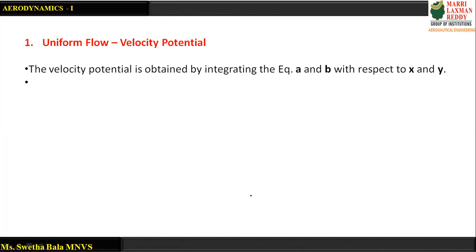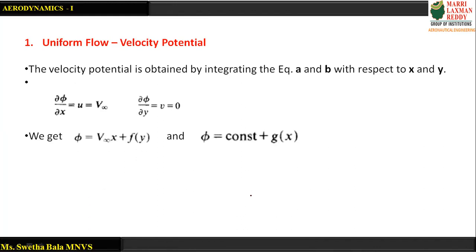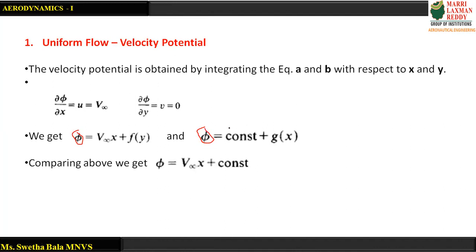Once we do it, what do I get? These are your equations. We get phi equal to v infinity x plus f of y, and phi equal to constant plus g of x. Comparing both, because both represent the same velocity potential phi, these two equations are the same, right? So we get phi equal to v infinity x plus constant.